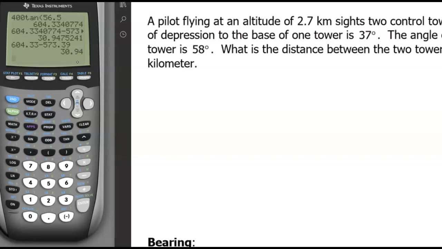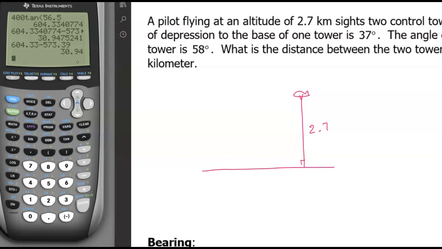So it says that a pilot is flying at an altitude of 2.7 kilometers. So I'm going to draw a little plane. I can never seem to draw planes correctly, but it's kind of like a little plane. And this plane has a height, which is a line perpendicular to the ground, an altitude of 2.7. And I'm going to draw a ground line.